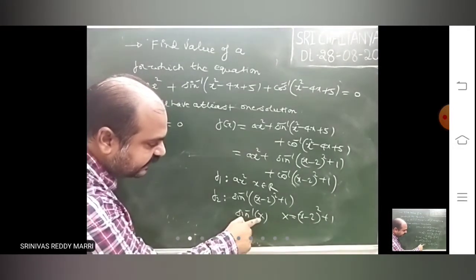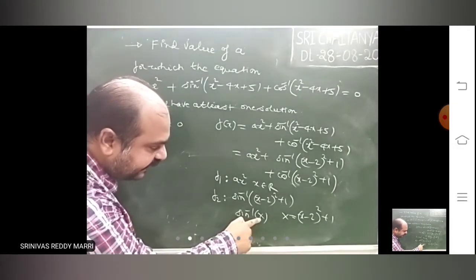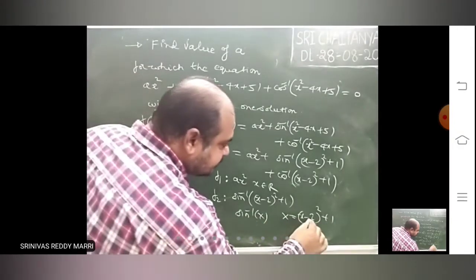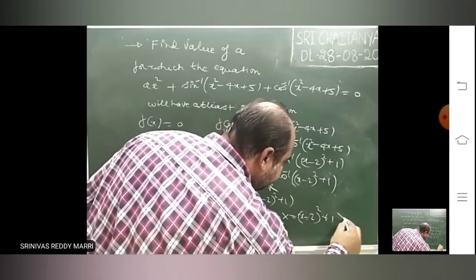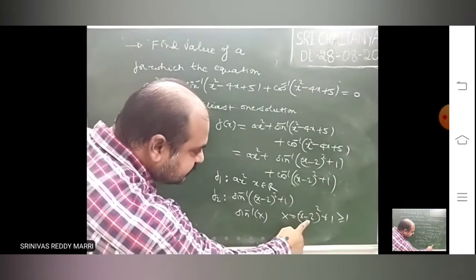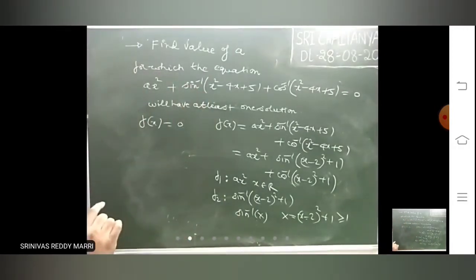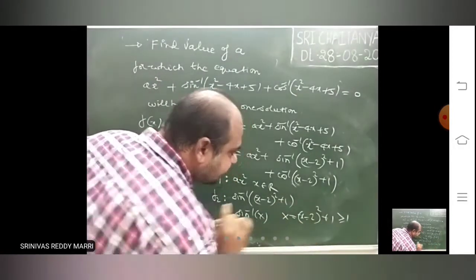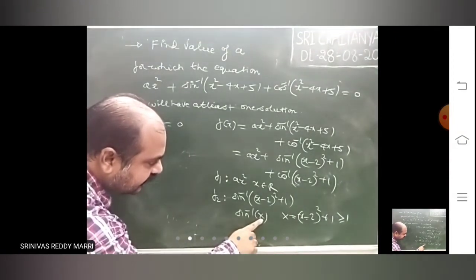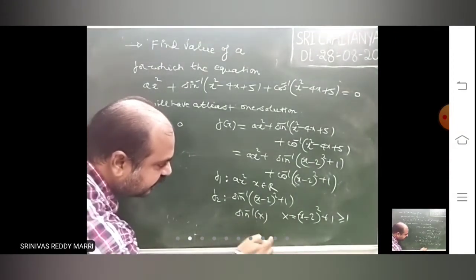Capital X must lie between minus 1 and 1. You can observe that this is a square plus 1, so it is always greater than or equal to 1. But inside sine inverse, it must lie between minus 1 and 1 only.